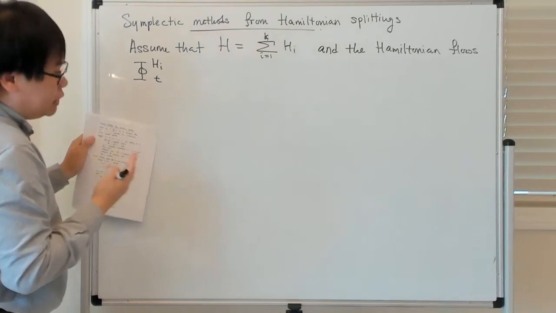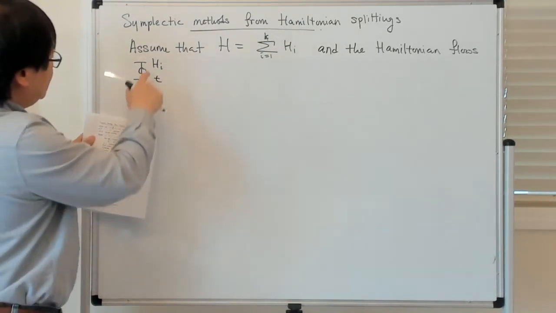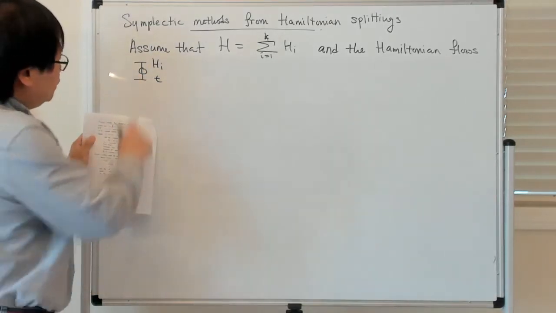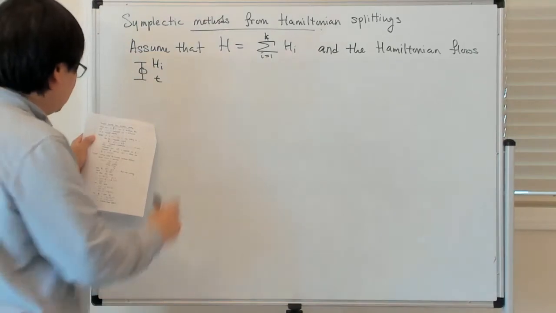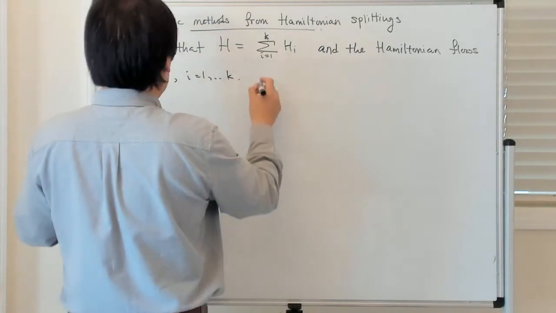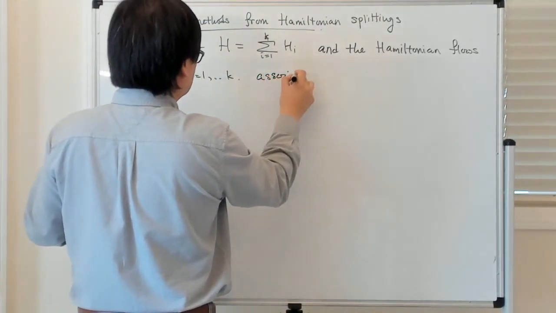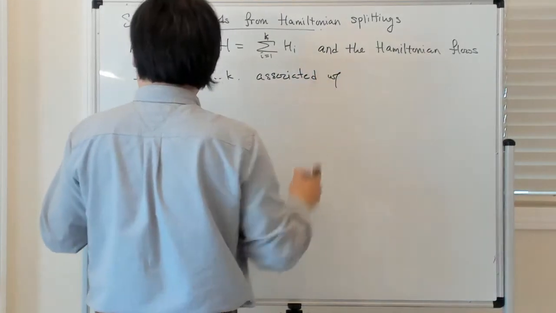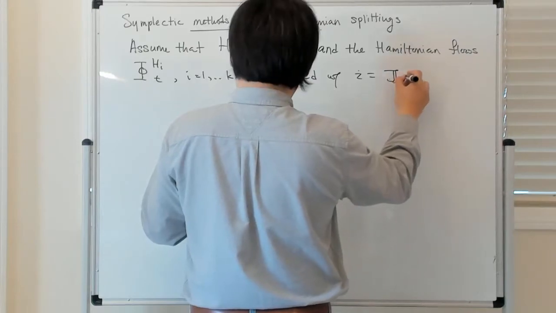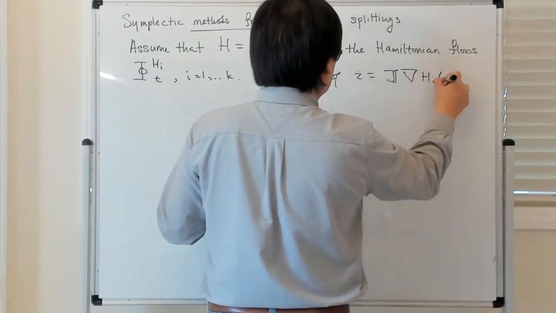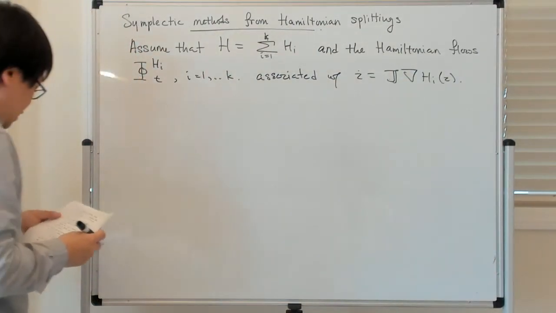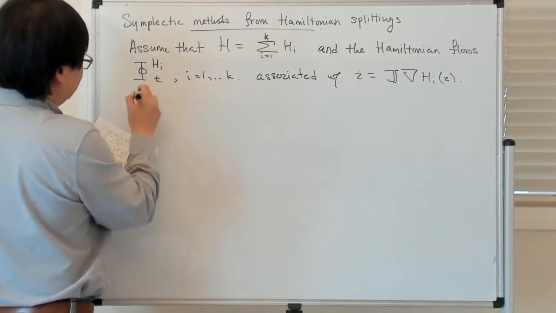I'm abusing the notation a bit; if you want to think of it in terms of the vector fields, then I would have X_{H_i} here, from i equals 1 to k, associated with the vector field given by J gradient H_i. Of course that's just the Hamiltonian vector field associated with the Hamiltonian H_i, which can be computed explicitly.